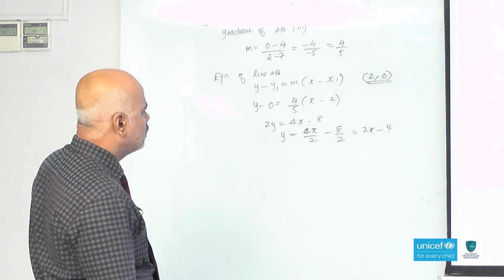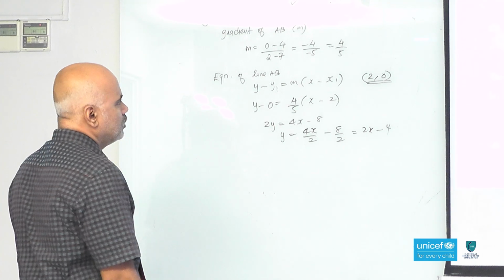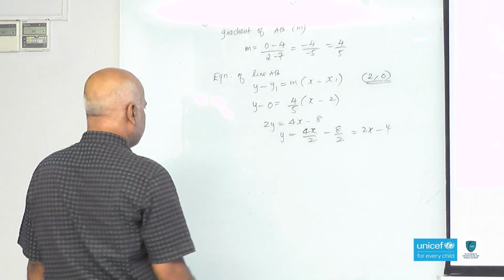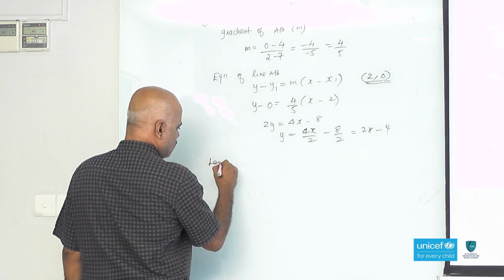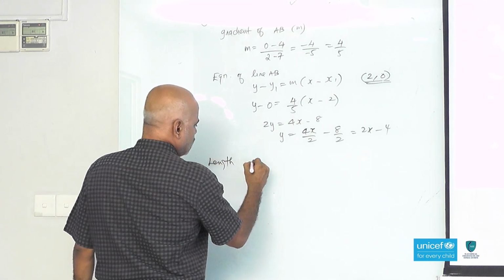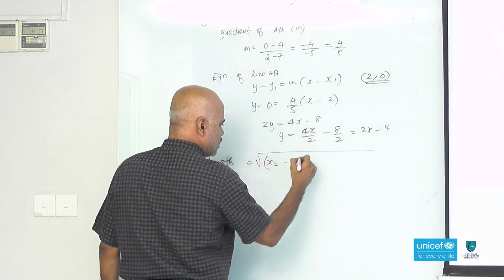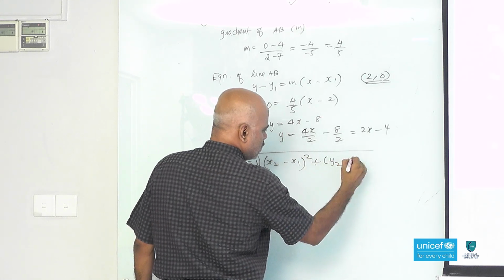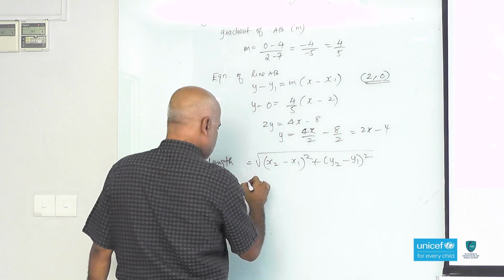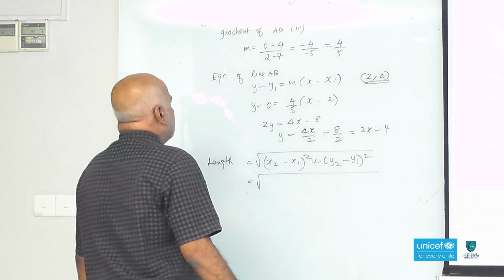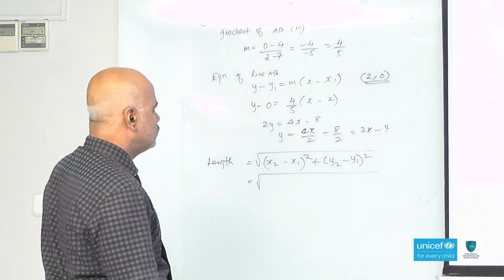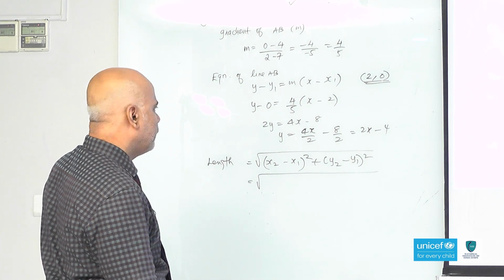Next part, find the length of AB. Length of AB formula, length formula is square root of x2 minus x1 the whole square plus y2 minus y1 the whole square. So what next?